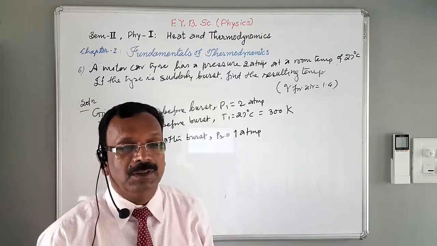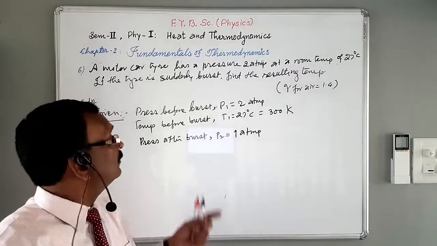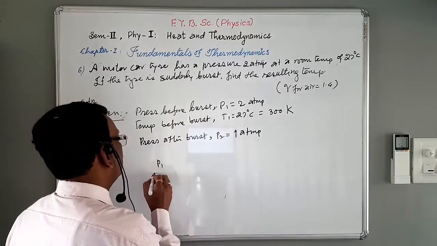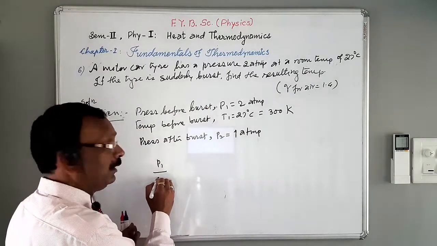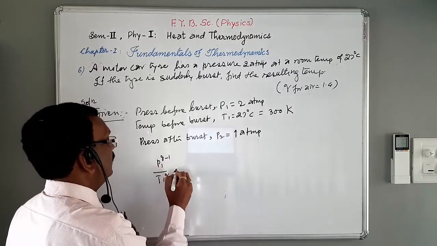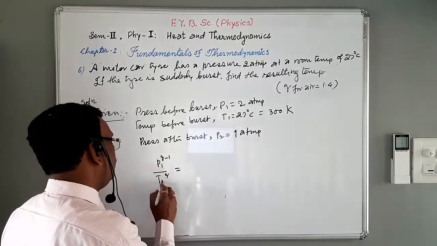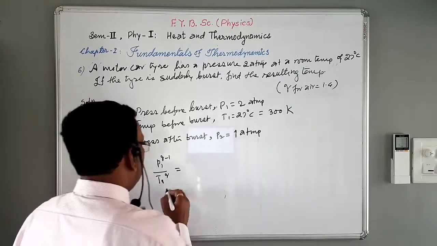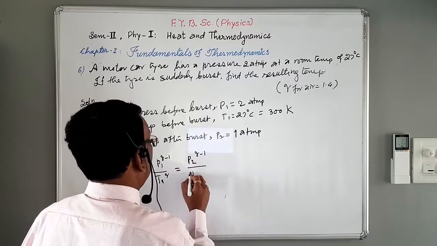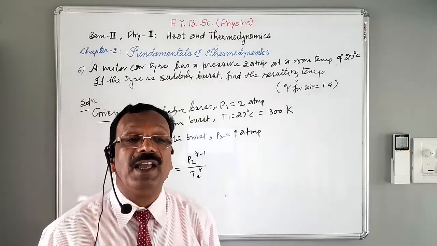Okay. See here, the change is an adiabatic change. When the tire bursts, this is a sudden change. At that time, P1 raised to gamma minus 1 upon T1 raised to gamma is the relation between pressure and temperature in the initial state when the change is adiabatic, and P2 raised to gamma minus 1 upon T2 raised to gamma is the relation in the final state.